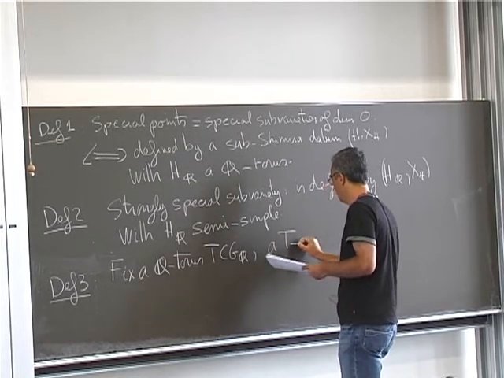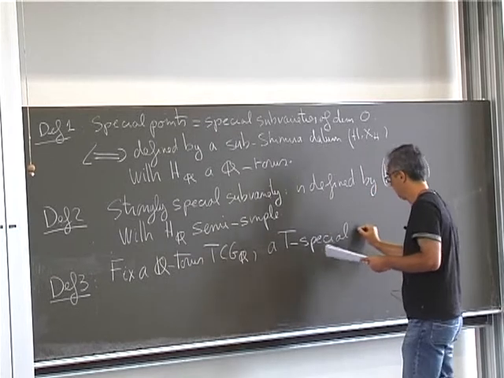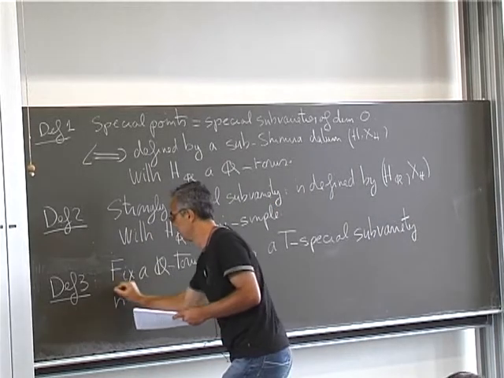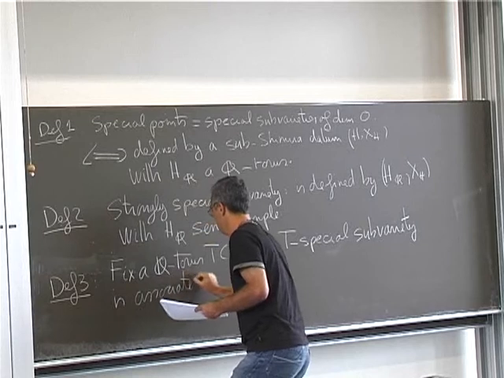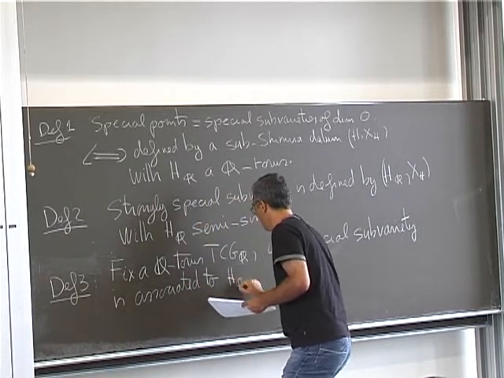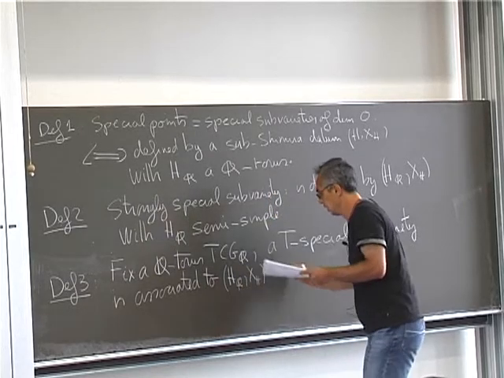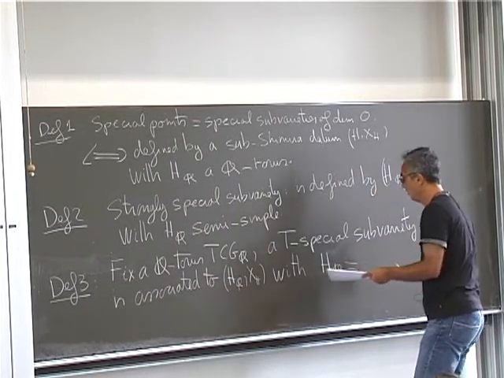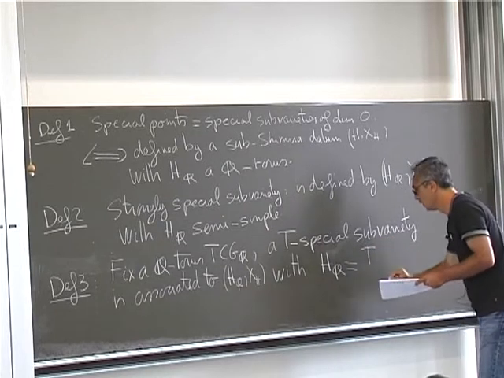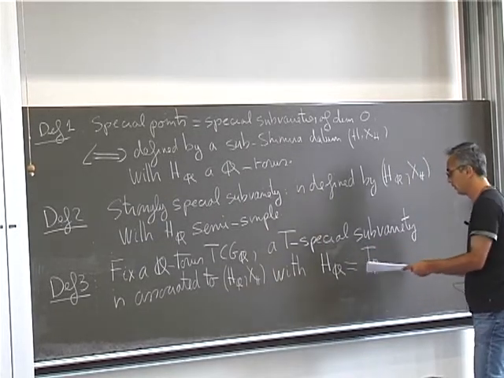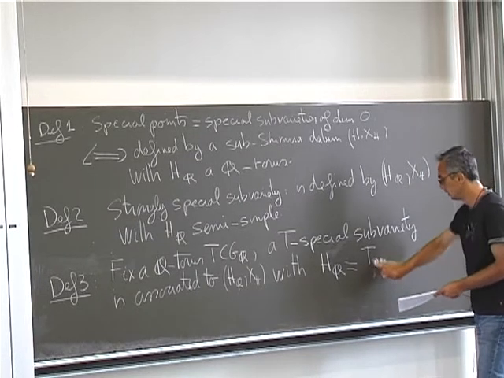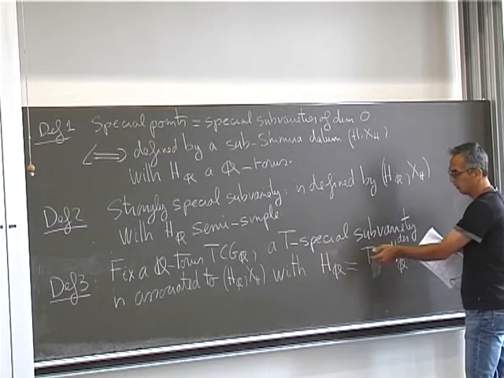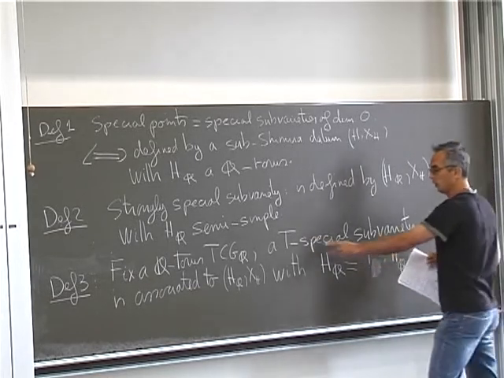A T-special subvariety is associated to some Shimura datum HQ XH such that when you write the decomposition of HQ as a semi-direct product of the connected center by the derived group, the center is T. The connected center is T. Okay.